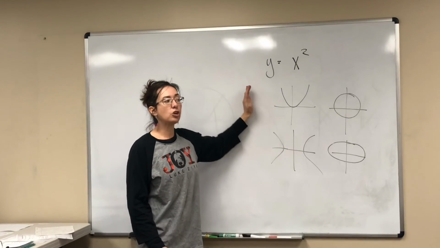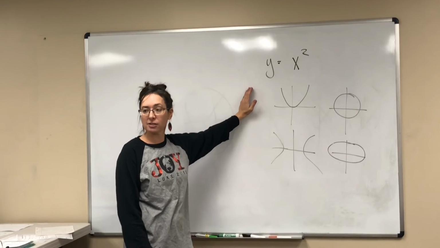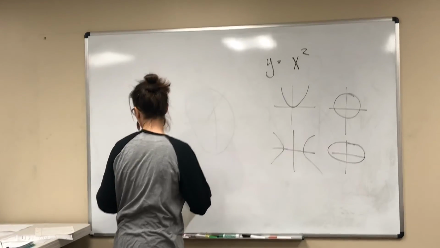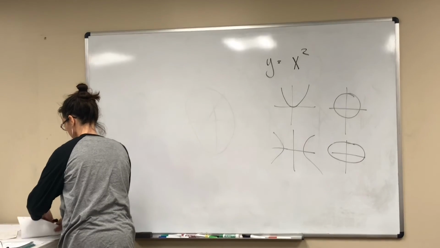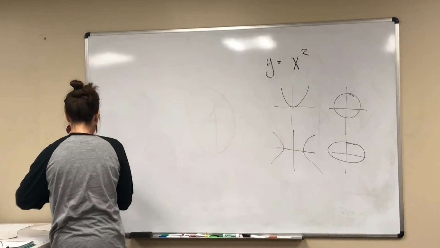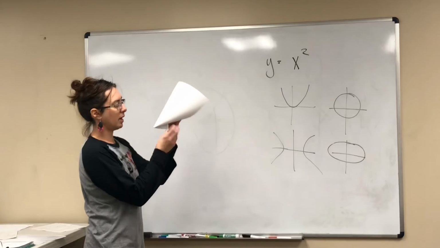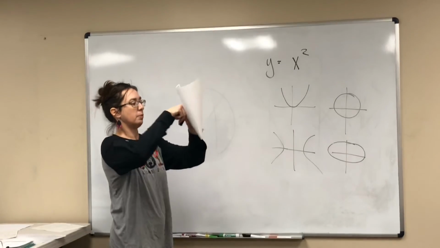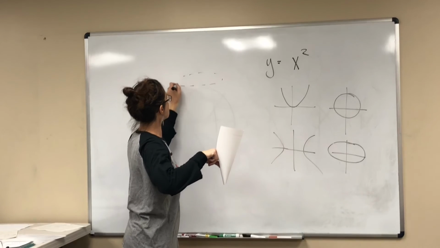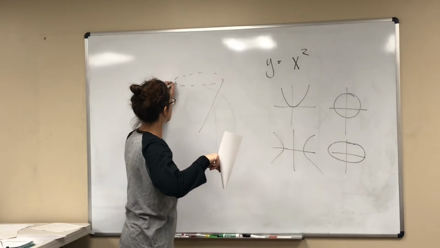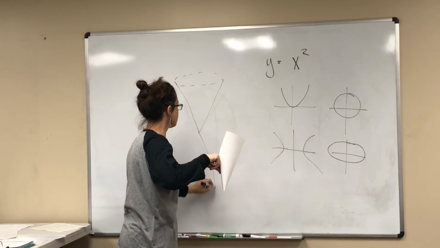Okay, these are called conic sections. The reason it's called conic sections, I will use this. When we have a cone, an ice cream cone, and hold it like this, I will try to draw it here.